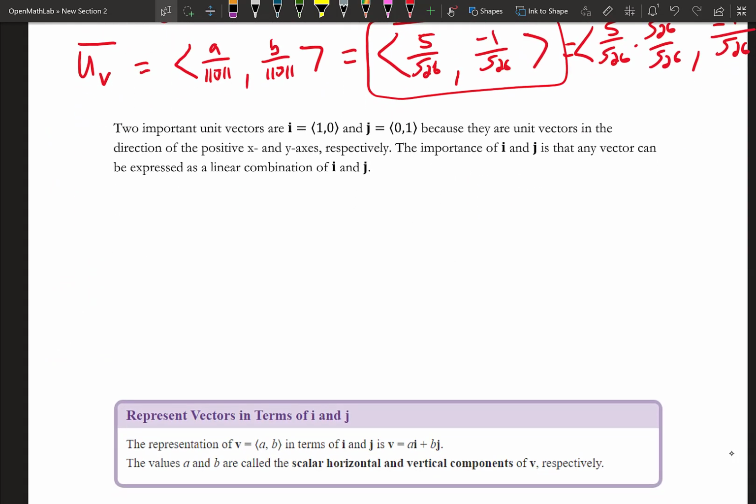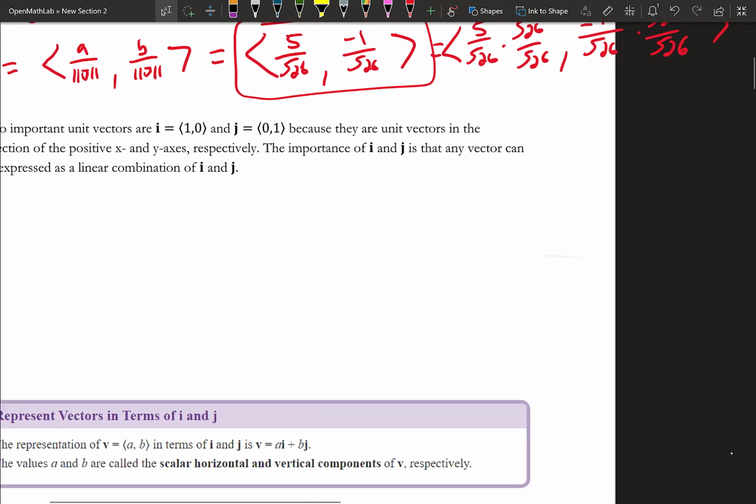So now we're ready to introduce i and j. These are two important unit vectors. i is equal to 1, 0, and j equals 0, 1. These are unit vectors in the direction of the x-axis and the y-axis respectively.